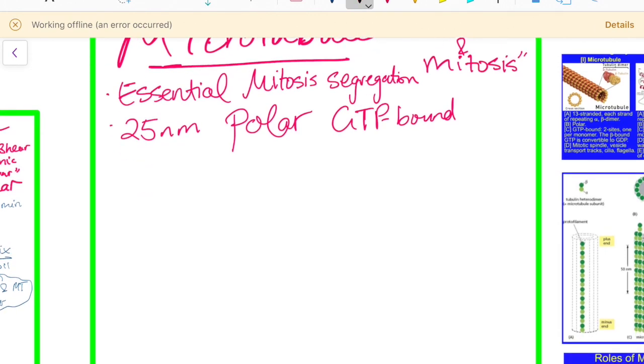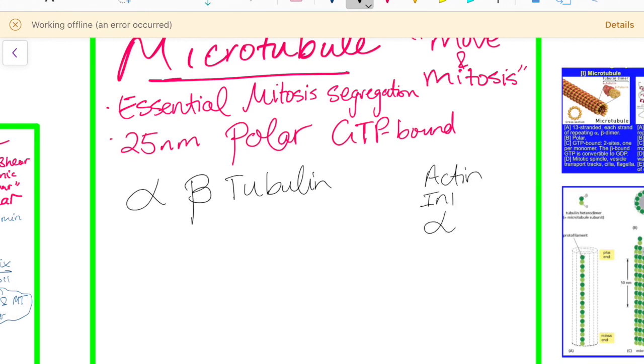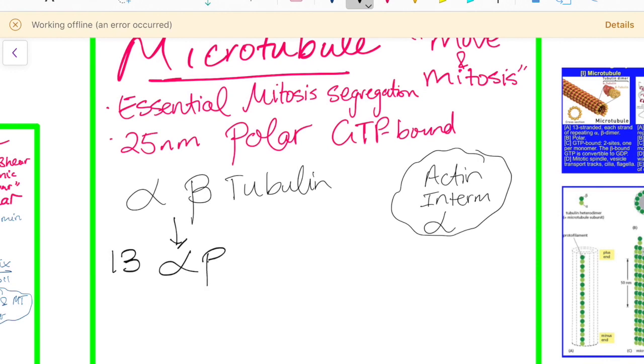And so let's talk about the structure of microtubule. It is an alpha and a beta tubulin, unlike actin and intermediate filaments, which were both alpha. So these alpha and beta tubulin, you can have 13-strand alpha beta dimer, and that forms your microtubule rope, basically.